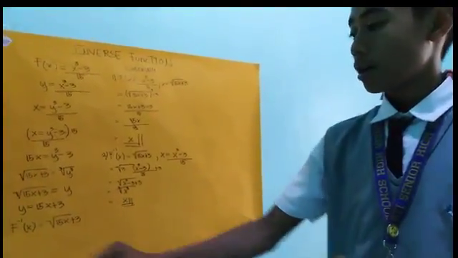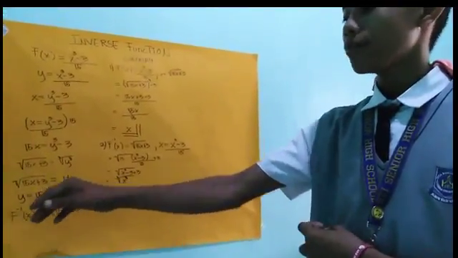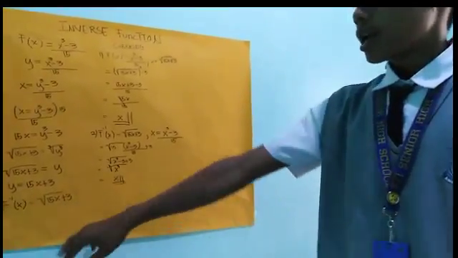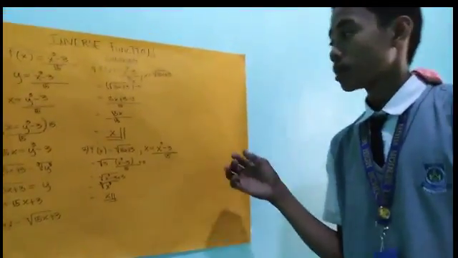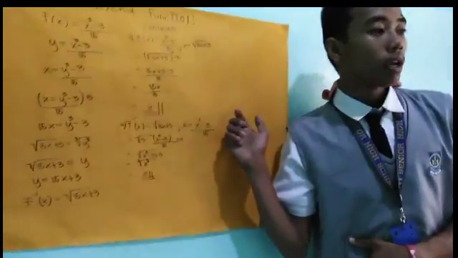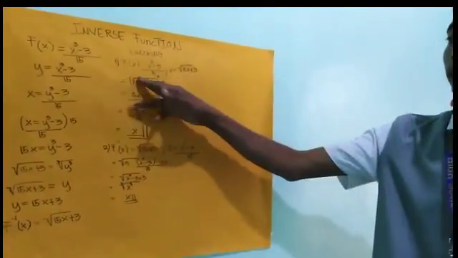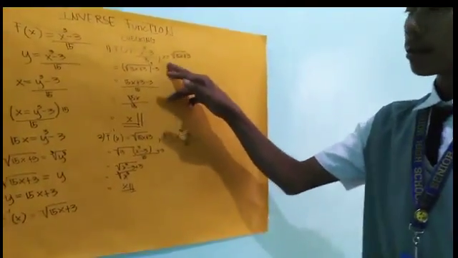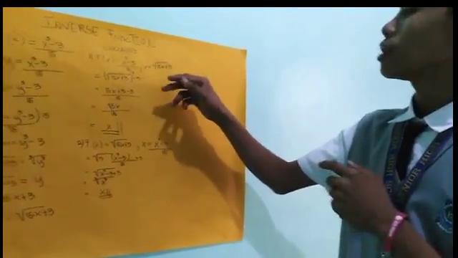So f to the power of -1 quantity x equals the cube root of 15x plus 3. So checking the inverse function: f of x equals (x to the power of 3 minus 3) over 15, and x is equal to the cube root of 15x plus 3.